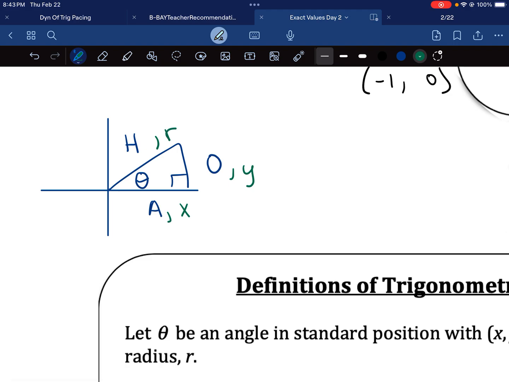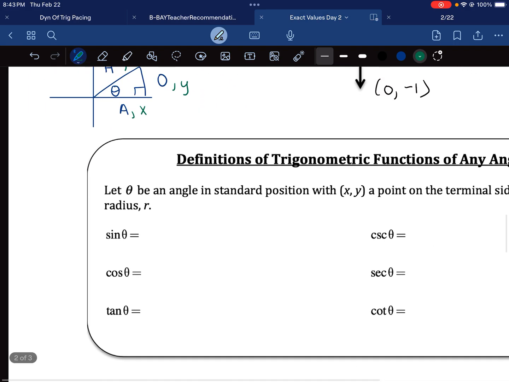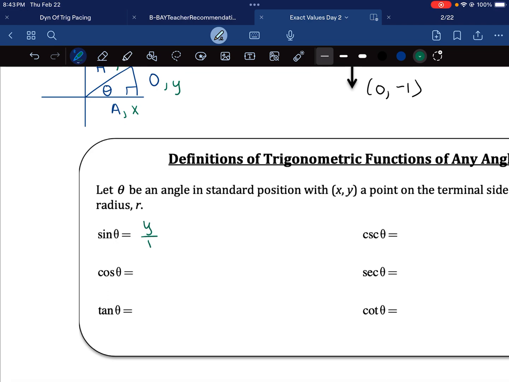Sine is now going to correspond to y over r. Cosine is x over r. Tangent is y over x. And now these are all the reciprocals. So this is what we start using as we move into the unit circle. We get away from SOHCAHTOA and we start talking about your x direction, your y direction, and your radius.